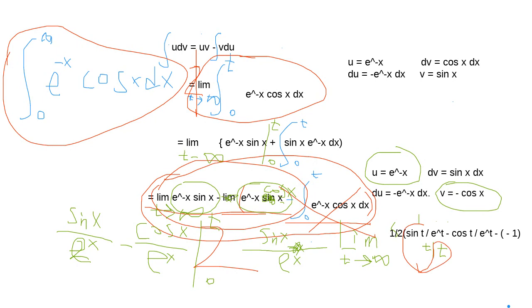Or you could think about sine t. So then we have 1 over e to the t. We have t over e to the t. And t is linear. T is linear. So e to the t is exponential.